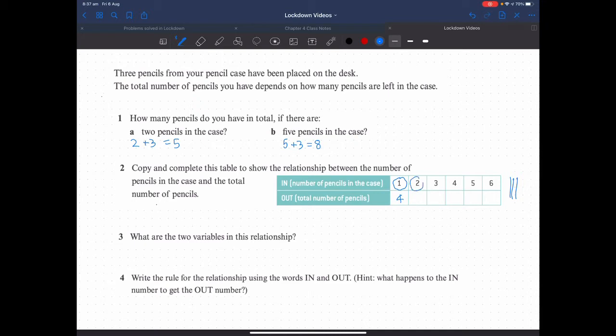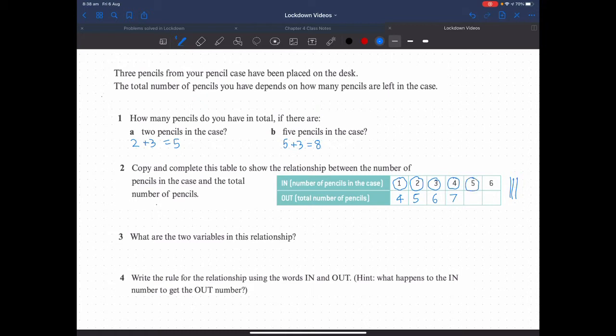If we have 2 pencils in the pencil case, 2 plus 3 is 5. If we have 3 pencils in the pencil case, plus our 3 on the desk, 3 plus 3 is 6. If we have 4 pencils in the pencil case and 3 on the desk, 4 plus 3 is 7.